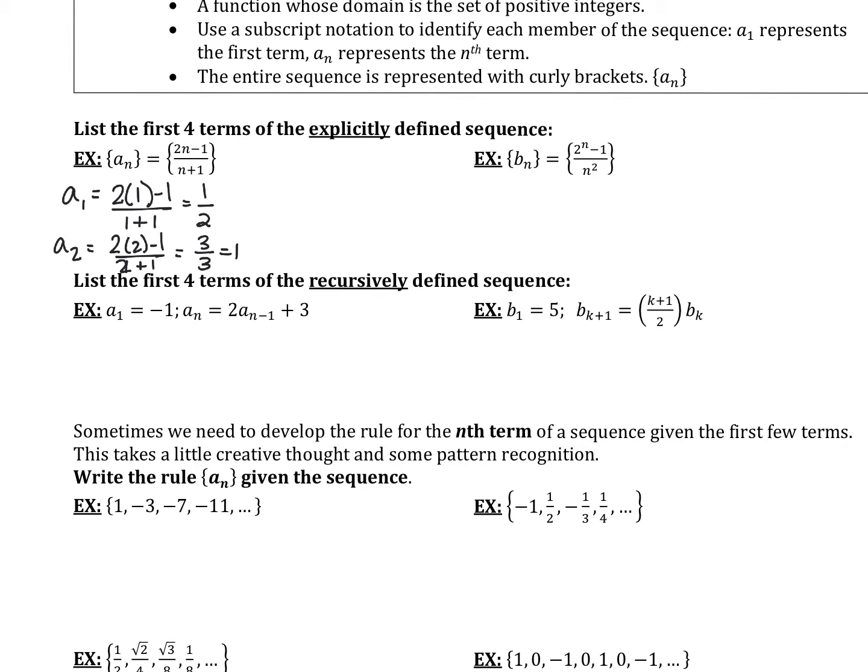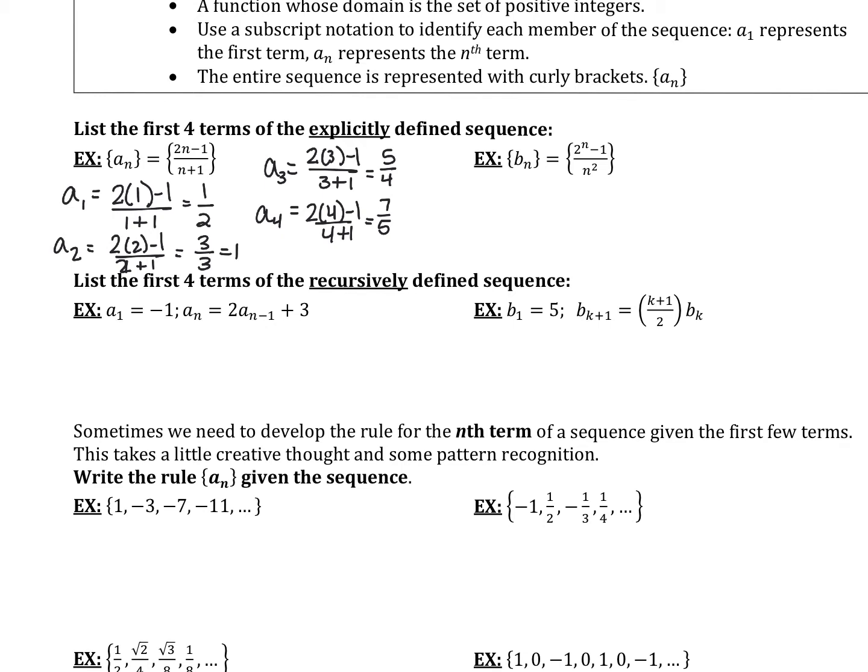And I can keep going. So the third term, we get 2 times 3 minus 1 over 3 plus 1. So 6 minus 1 is 5, 3 plus 1 is 4. And the fourth term is 2 times 4 minus 1 over 4 plus 1, which equals 7 over 5.